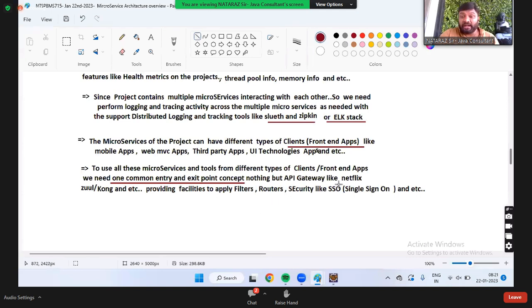Nothing but an API gateway like Netflix Zuul, Kong, etc., providing facilities like applying filters, routers, security, and etc. I will explain more later. It's some API related information. The API gateway only will come with these facilities.